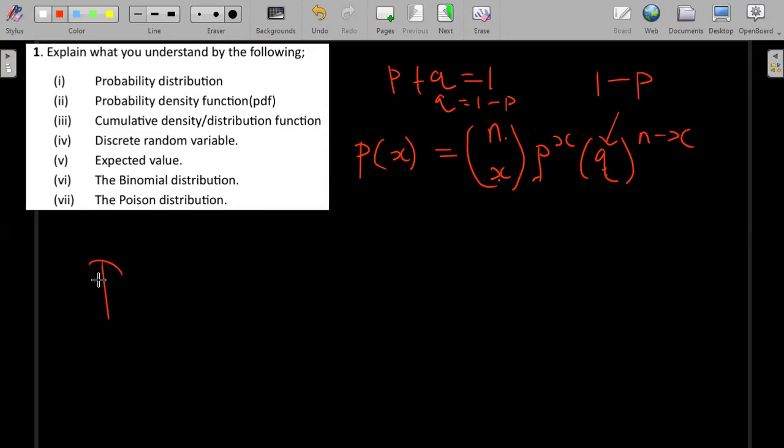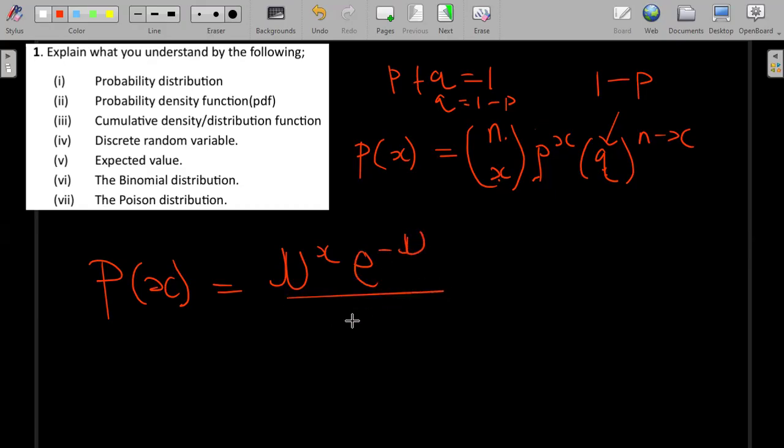So the probability of x under the Poisson distribution is given as mu to the power x, times e to the power minus mu, divided by x factorial. This symbol mu is the average or the mean.